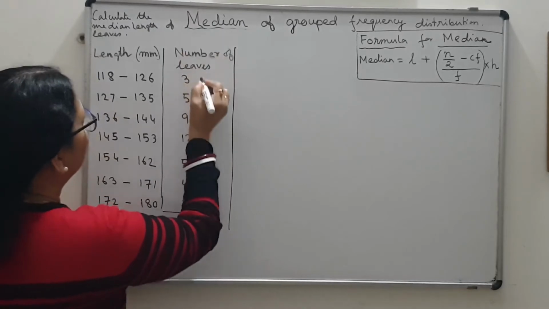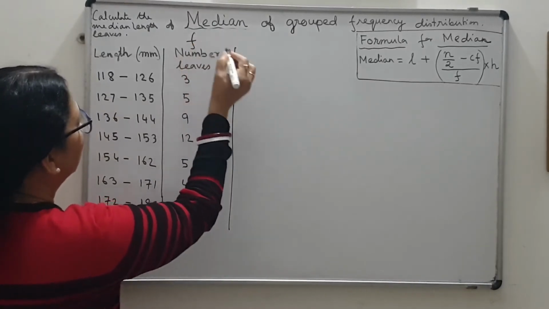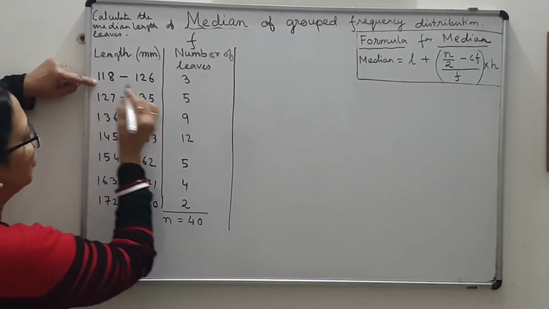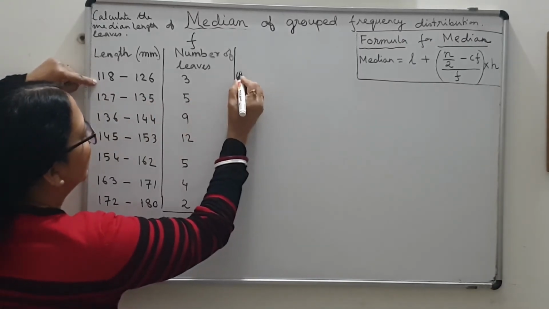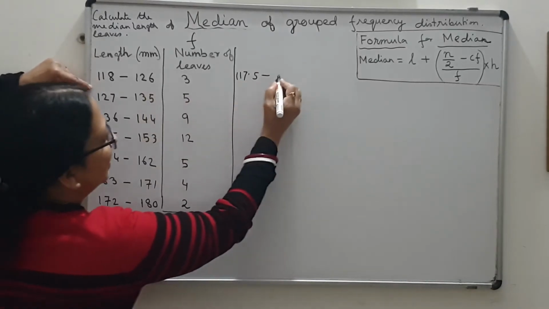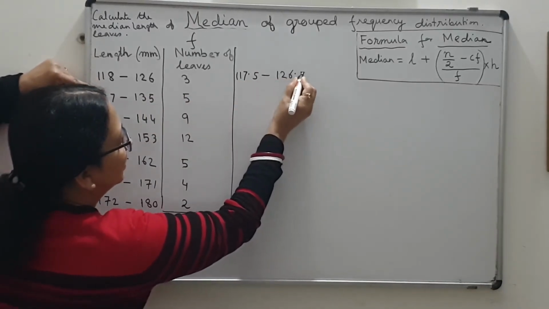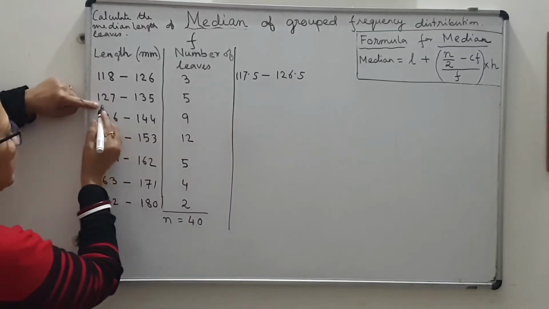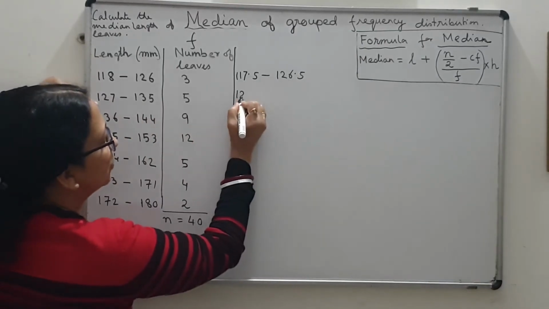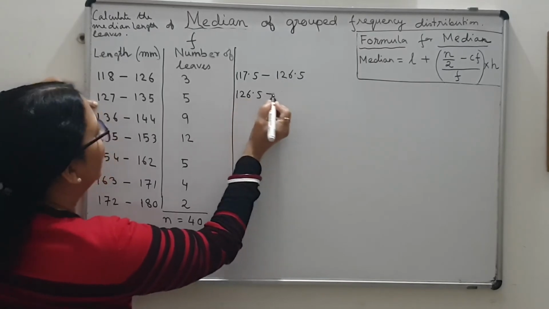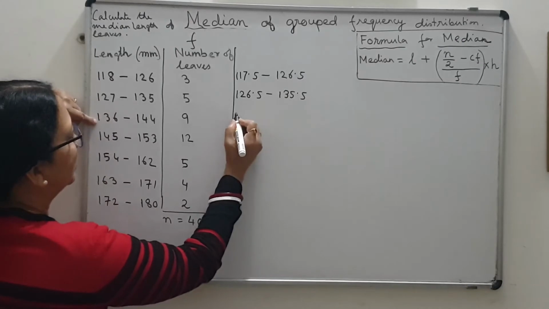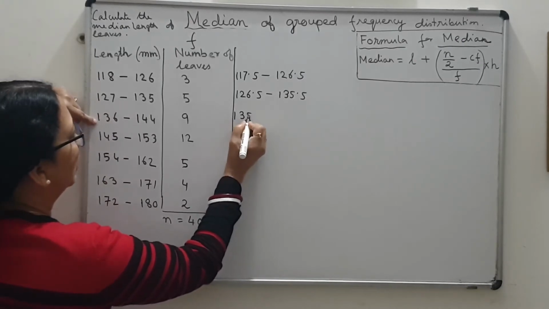So this is the frequency column, and to make the classes continuous, subtracting 0.5 from 118, it will be 117.5, and then I add 0.5 to the upper limit, so it will be 126.5. Then for the next class, I subtract 0.5 from 127, so it becomes 126.5. Then I add 0.5 to the upper limit, then again subtract 0.5 from the lower limit.